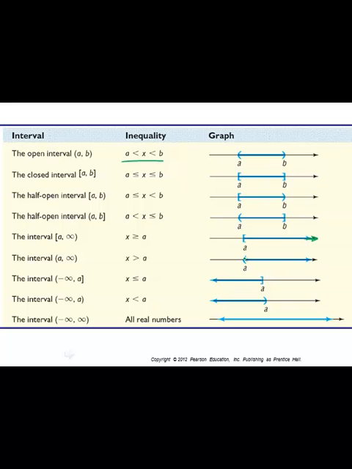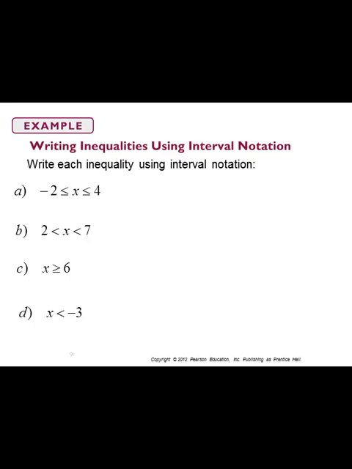Or if you're not including the A endpoint, you'll just put a little open parentheses there to the left. Same discussion when you are talking about the set of numbers less than or equal to A or less than A. And then finally, the whole set of real numbers, you just shade the real number line.